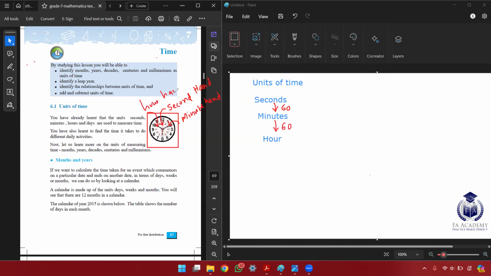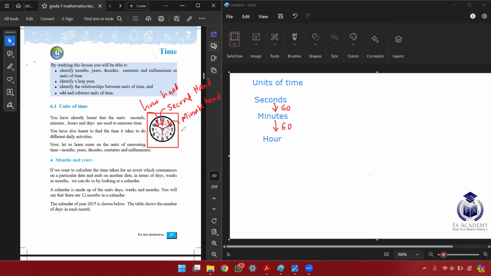So you can see when the second hand rotates one round, the minute hand moves just one position slightly. Okay, so you see the minute hand moves just a little bit, right?